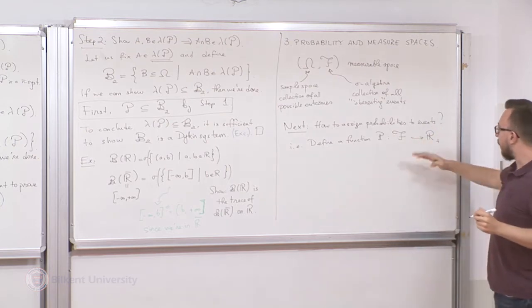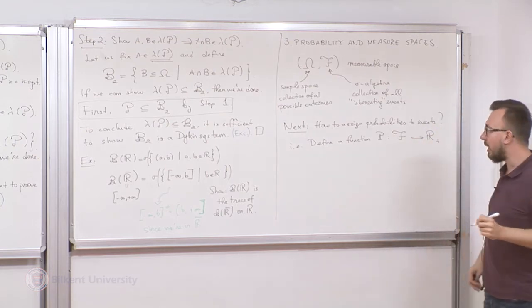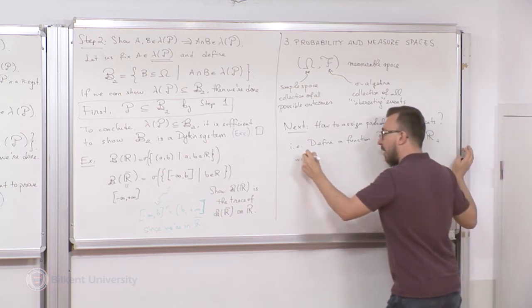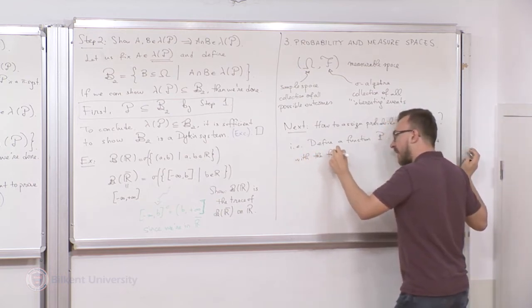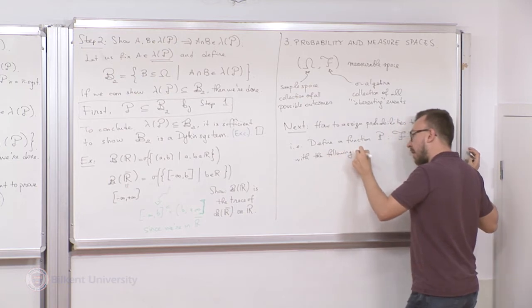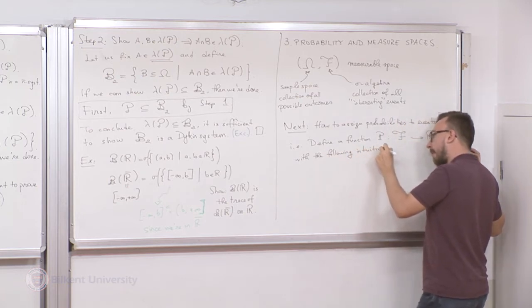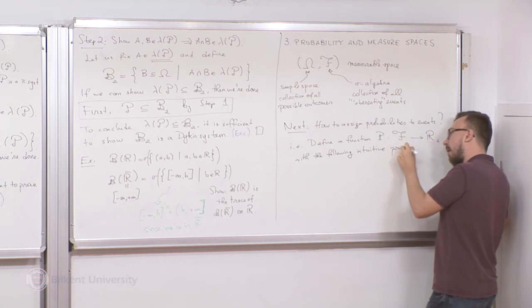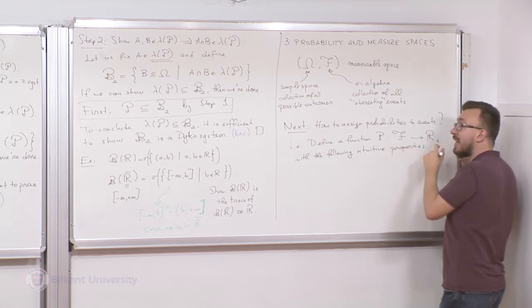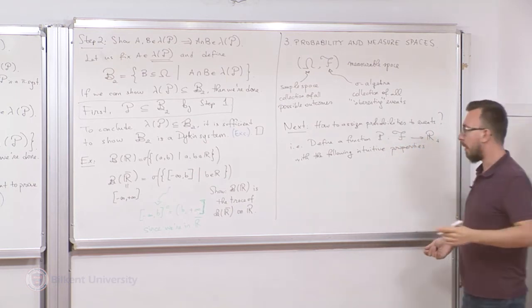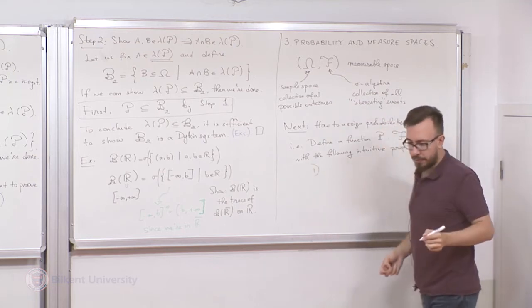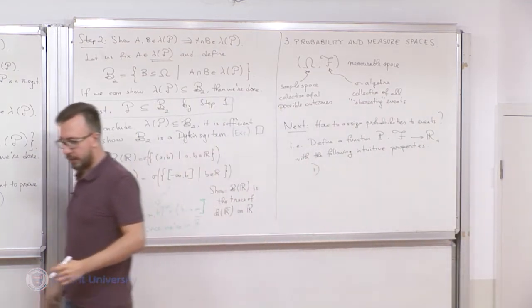positive numbers. Of course, they cannot exceed 1, with the following intuitive properties, so that we can call it a probability. Okay? What are intuitive properties of probabilities?